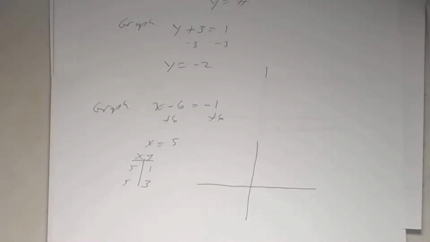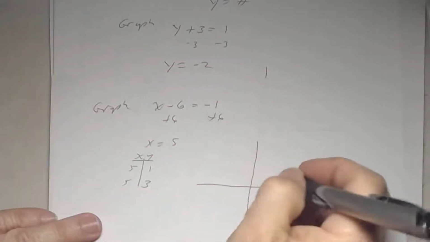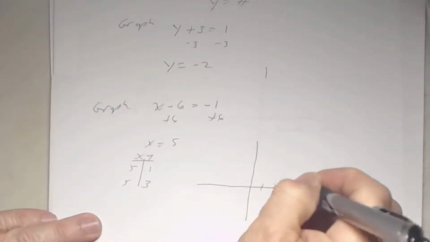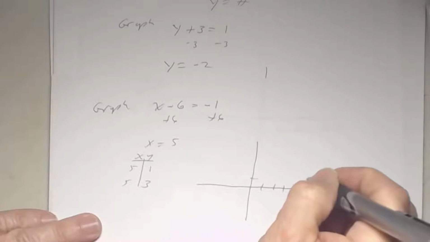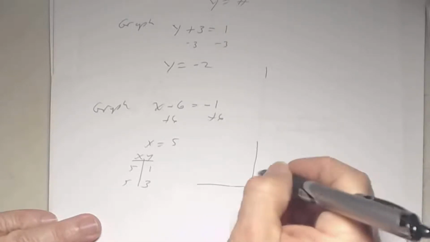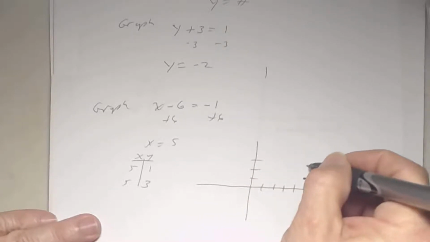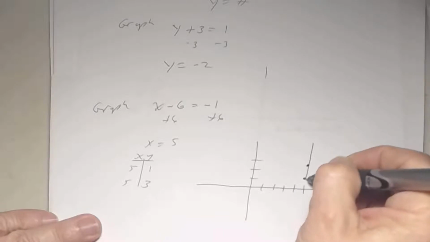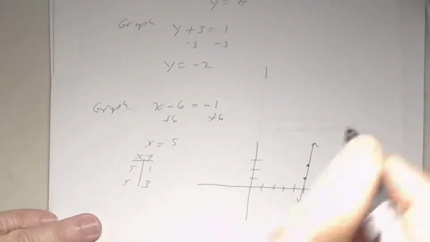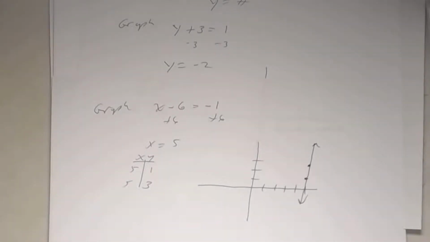Vertical, horizontal? Vertical. So (5, 1) is here. (5, 3) is here. And notice when you draw your line, it's vertical. Okay.